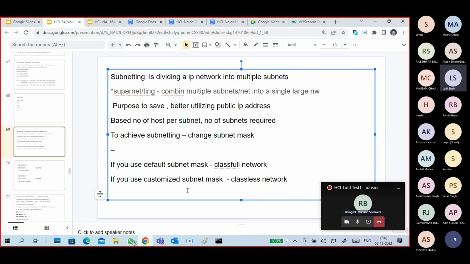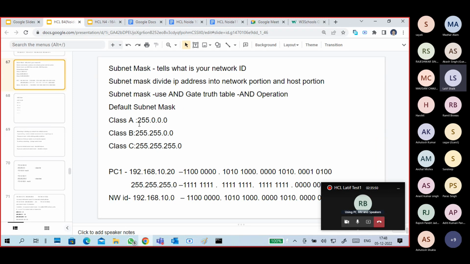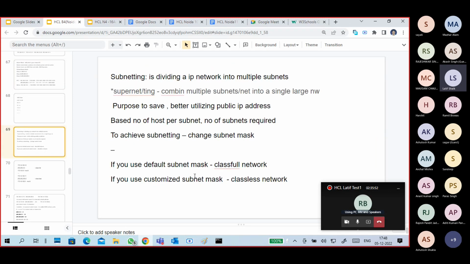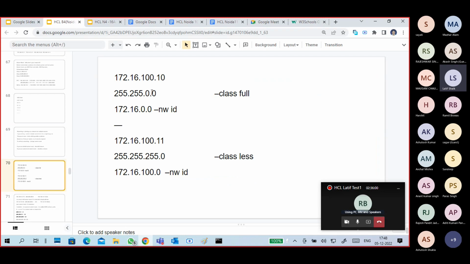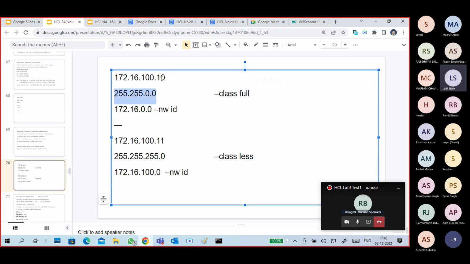If you are using the default subnet mask, your network is called a classful network. If you use a different, customized subnet mask, it is classless.